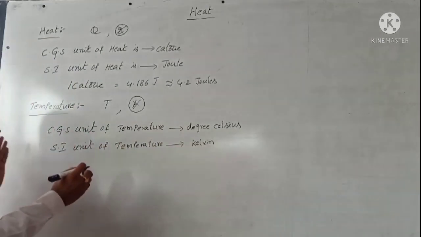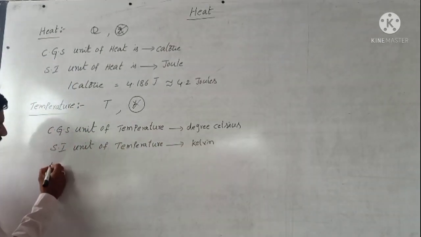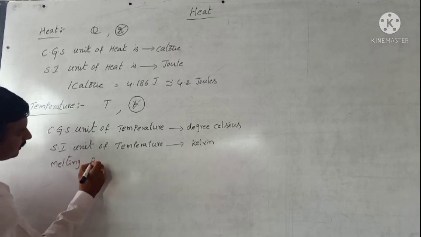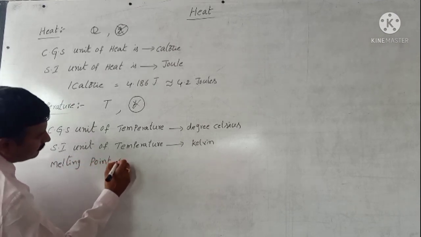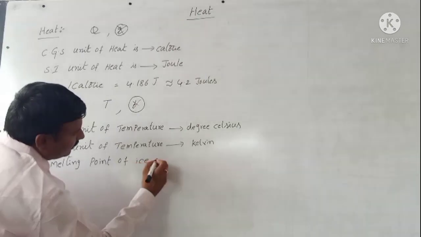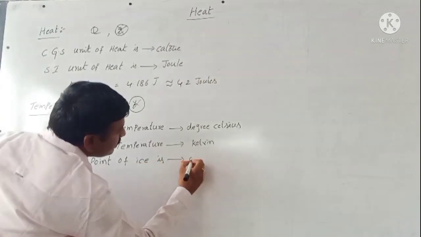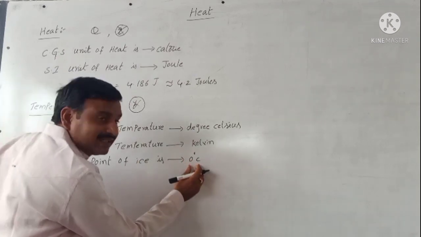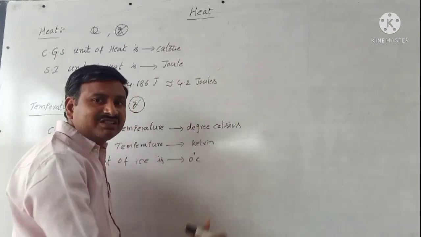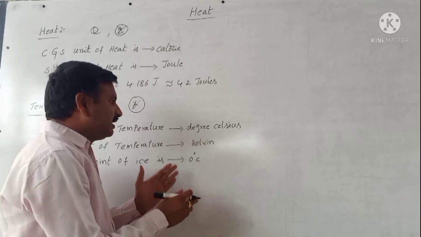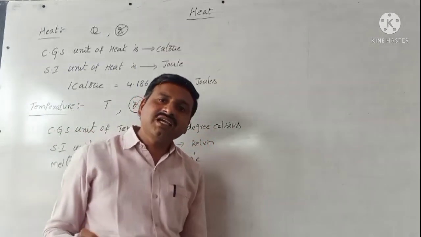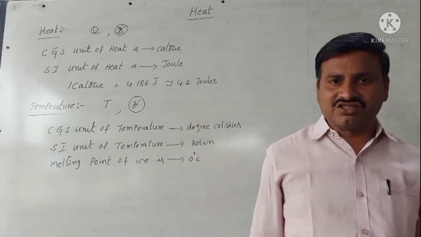You know that the melting point of ice is 0 degrees Celsius. Converting degrees Celsius to the Kelvin scale gives the absolute temperature.